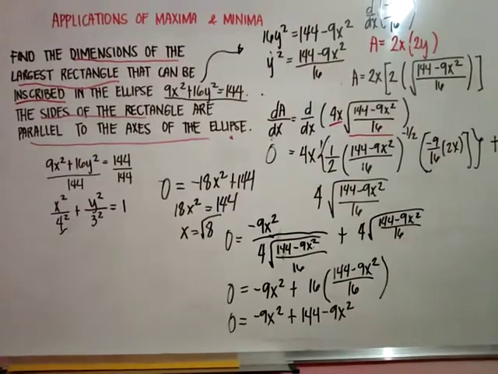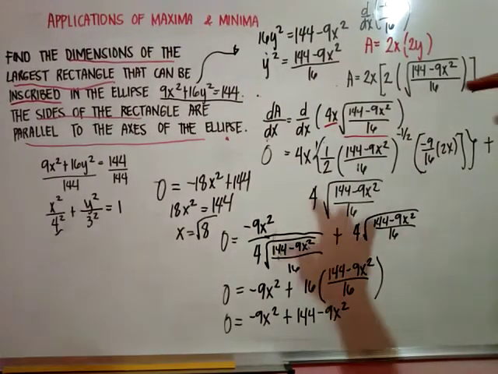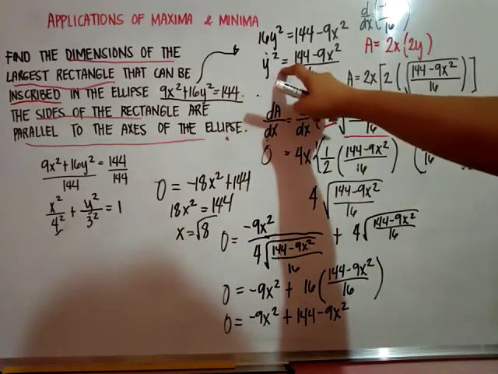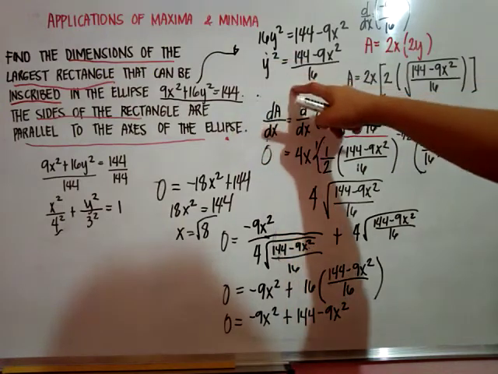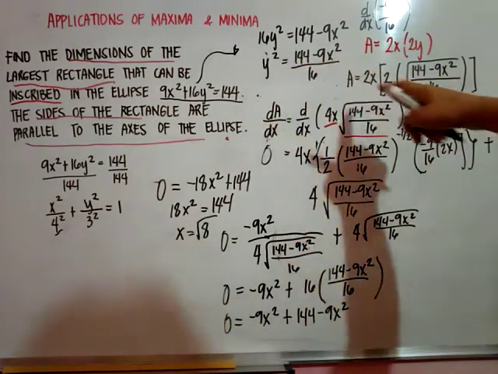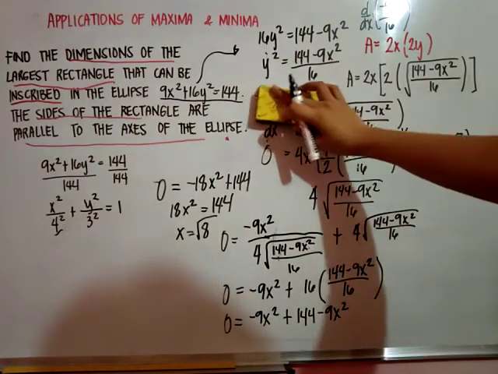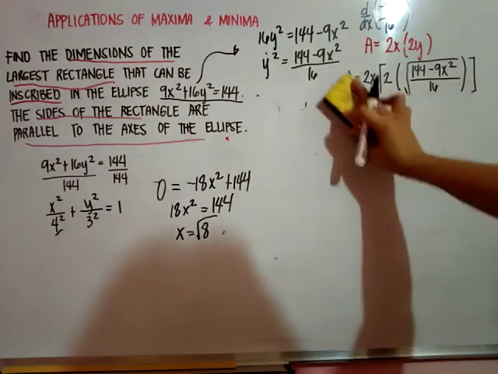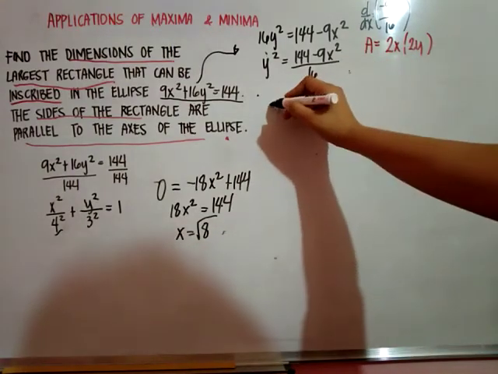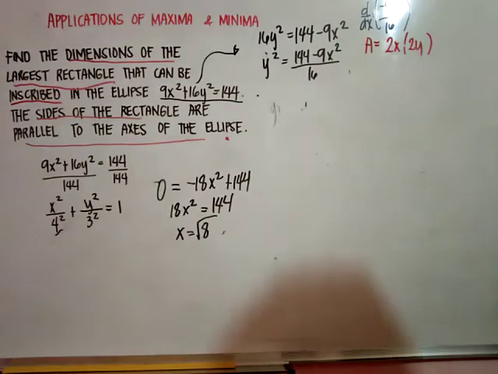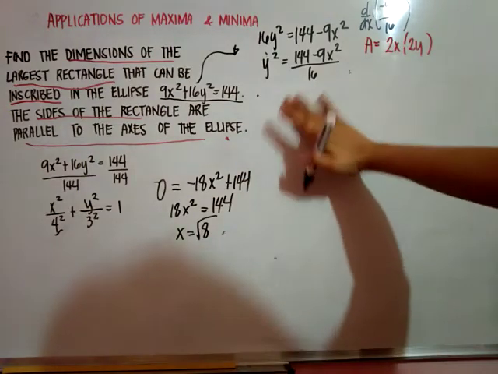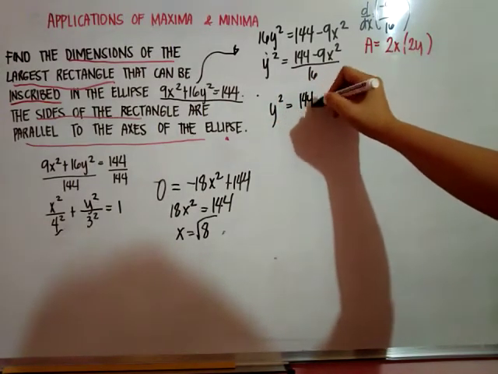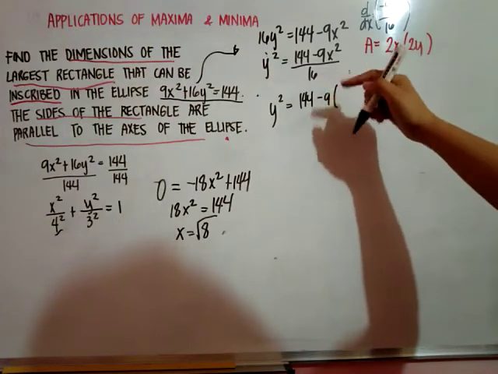So, we have from this term, di ba ito yung value ng y natin? So, square root nito, substitute natin. Erase ko na to. So, y squared is equal to 144, substitute ko na lang dito yung x.